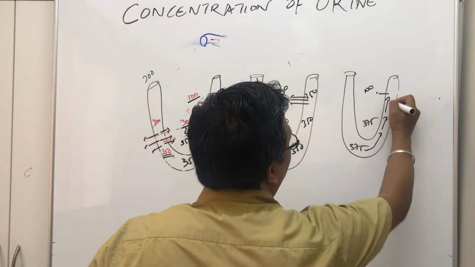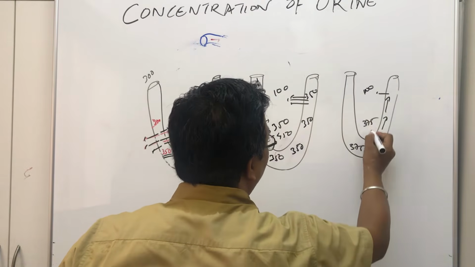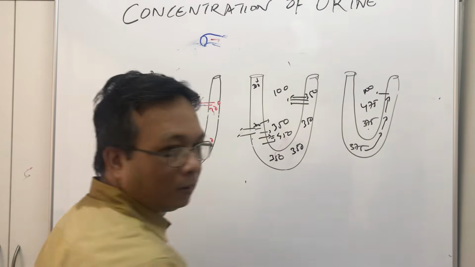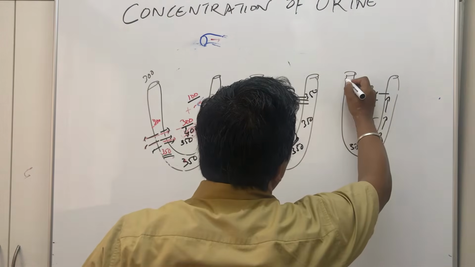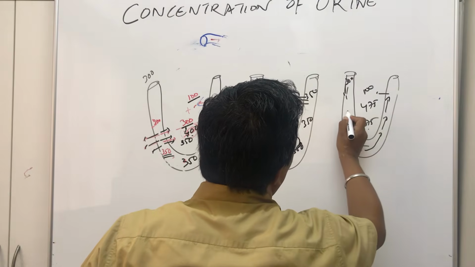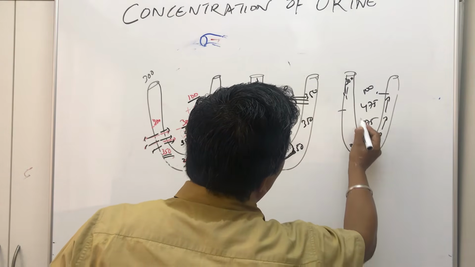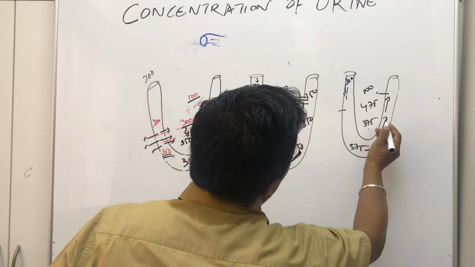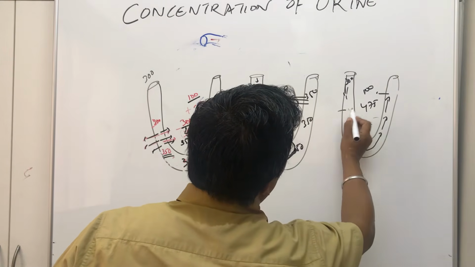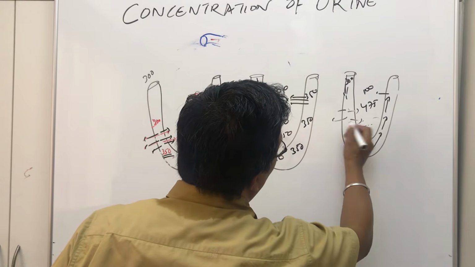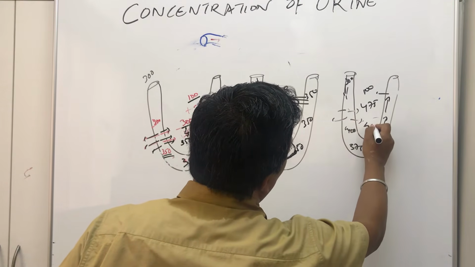So 375 plus 100 equals 475. So again a new 300 is coming up. It will try to equilibrate. So let's say now it is 475. So 300 will go, water will be reabsorbed until it becomes all 400.